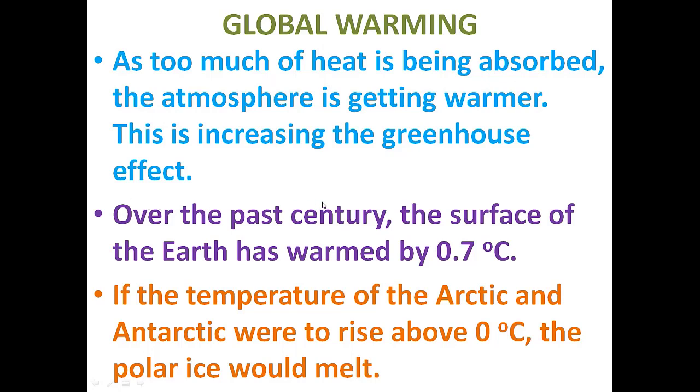Over the past century, over the past 100 years, the surface of the Earth has warmed by 0.7 degrees centigrade. If the temperature of the Arctic and Antarctic regions were to rise above 0 degrees centigrade, the polar ice would melt.